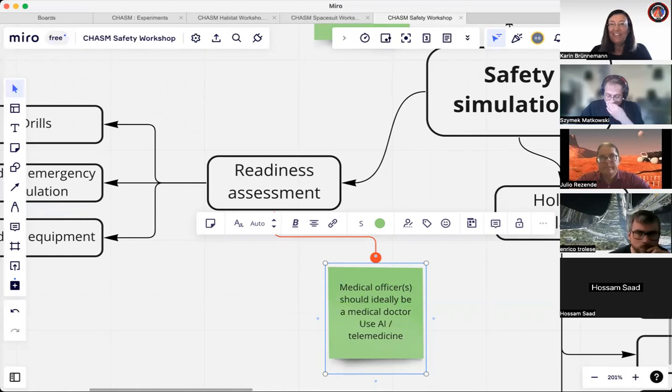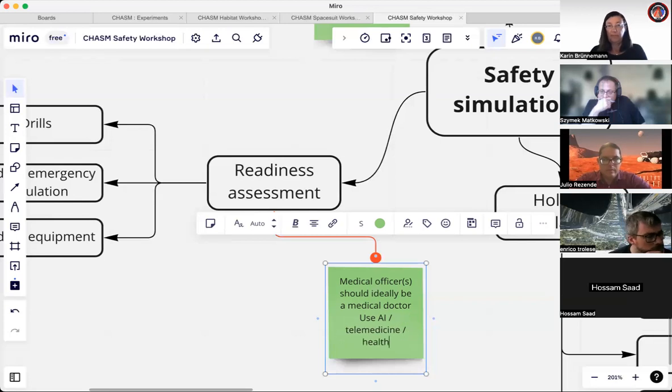I was just asking, like telemedicine would fall under that field, the use of AI also. They are also developing health spots, or what we call healthcare units, that all work with AI. I think trying this in analog space missions will be great for simulations.